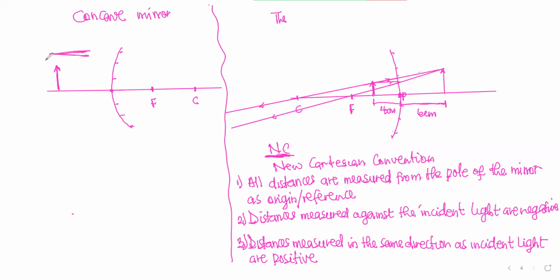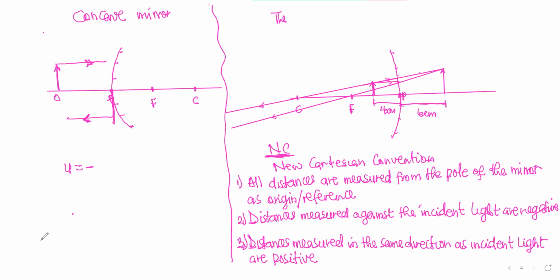The light must always come from the object, so the direction of the incident light will be in this direction. All measurements are taken from the pole. So if I'm to measure the object distance, it will certainly go in a direction against the direction of incident light. So straight away, by this convention, U is negative.